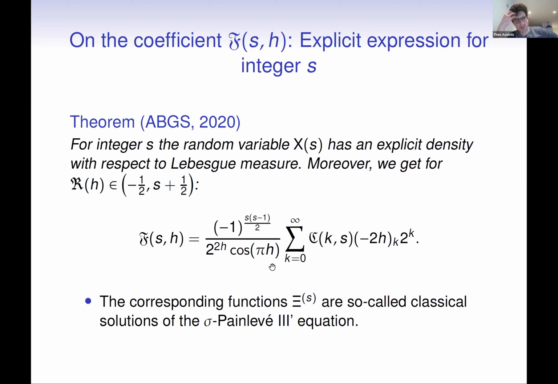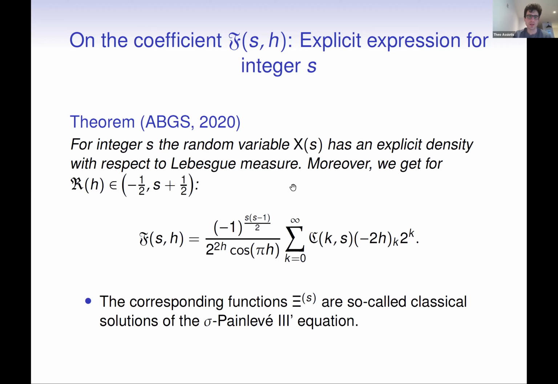When does it vanish? When h is a half integer. So this vanishes as well, and this is understood by applying L'Hôpital's rule. But it's actually not so clear a priori. If you look at this combinatorial formula, it's not so clear that it should vanish when h is a half integer.